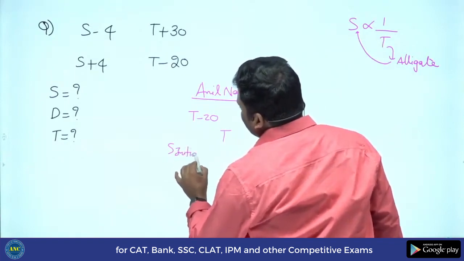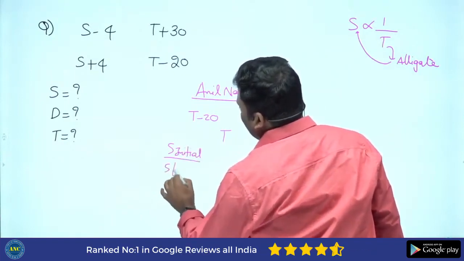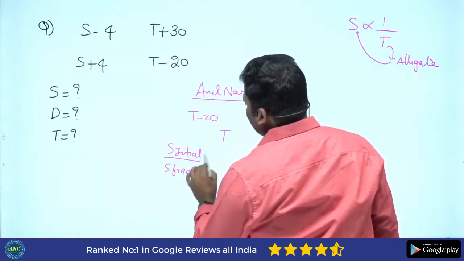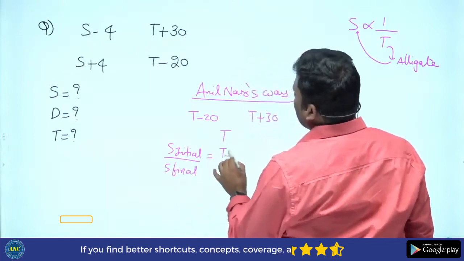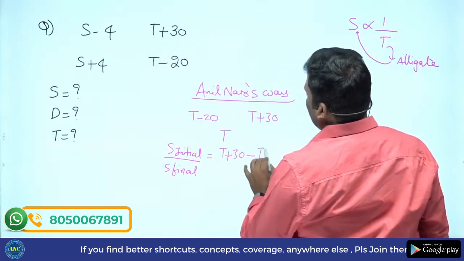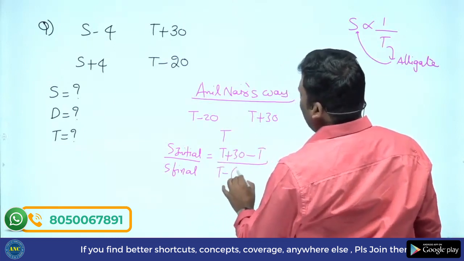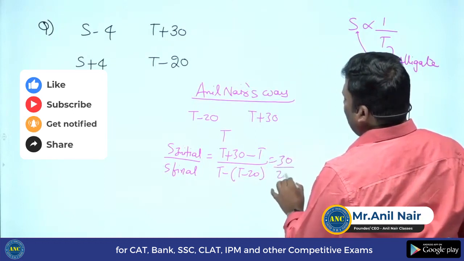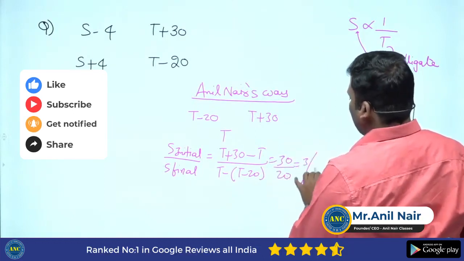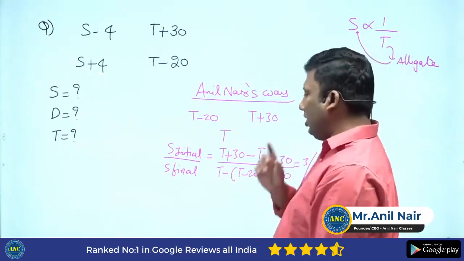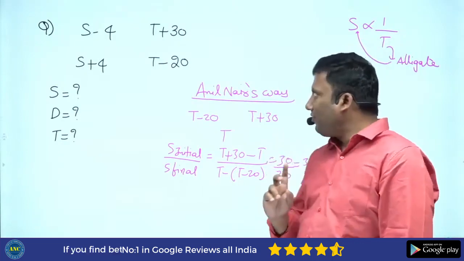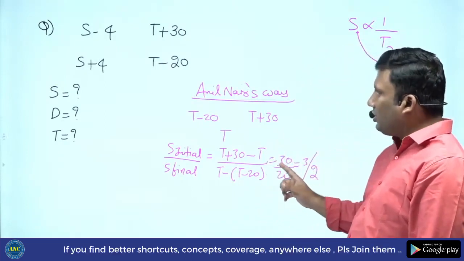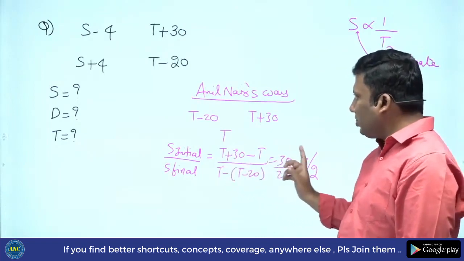S initial by S final is highest minus average by average minus lowest. So this is 30 by 20, which is 3 is to 2, initial by final.